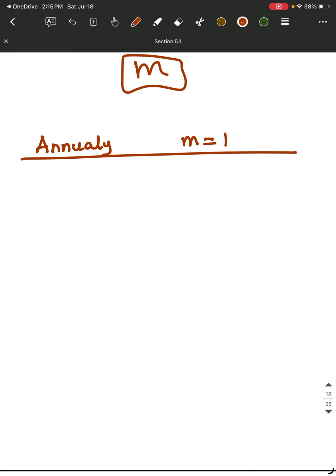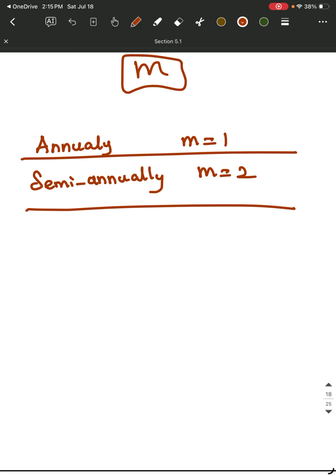Semi-annually, M equals 2, twice per year. Quarterly, quarter means 3 months of time period, therefore M equals 4.